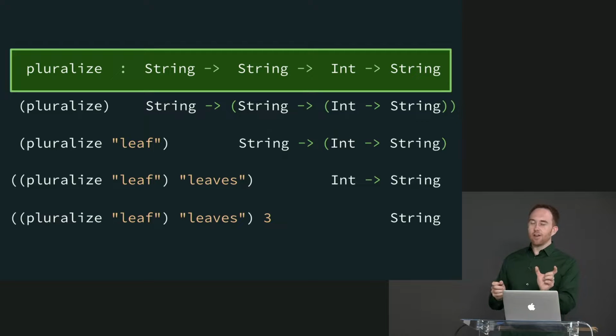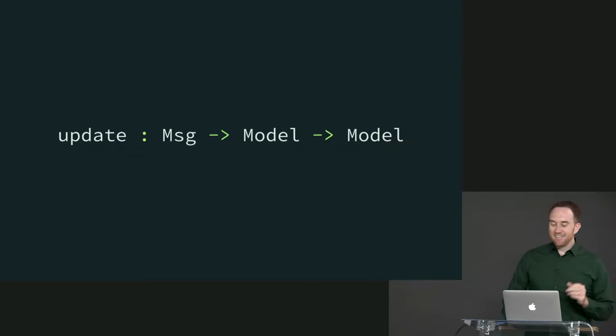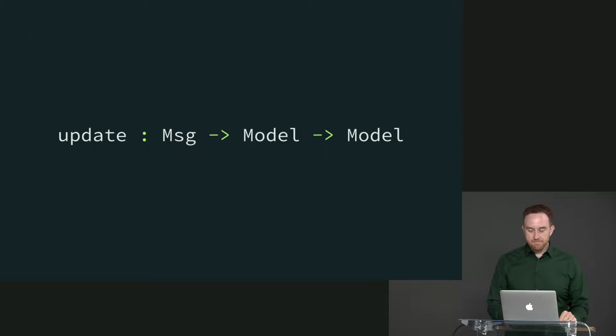It's just that quite a lot of Elm functions happen to take 1 argument and then return another function, which possibly takes 1 argument and returns another function. But the syntax makes it nice so that you have the ergonomics of calling with multiple arguments while still having this nice guarantee under the hood that partial application just works consistently across the board. In summary, that's why update's type is this: Message, a model, and a model.